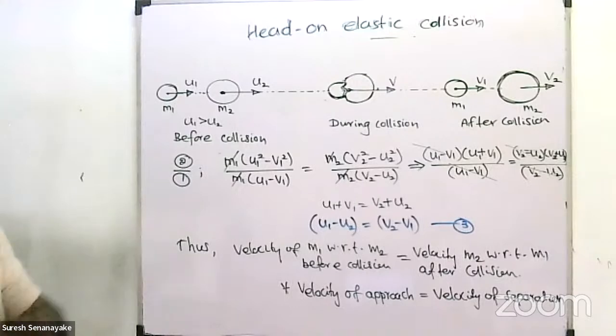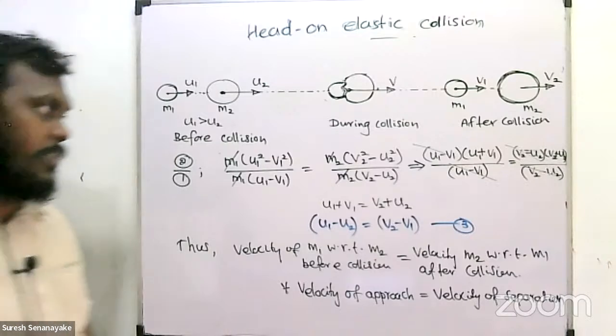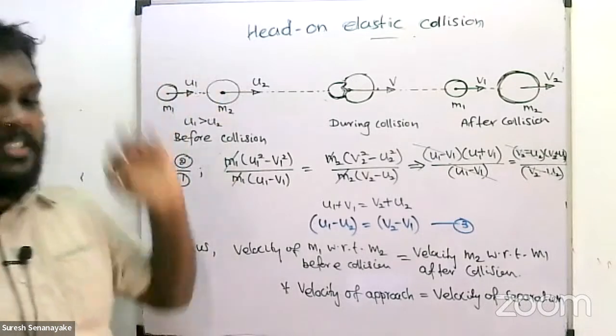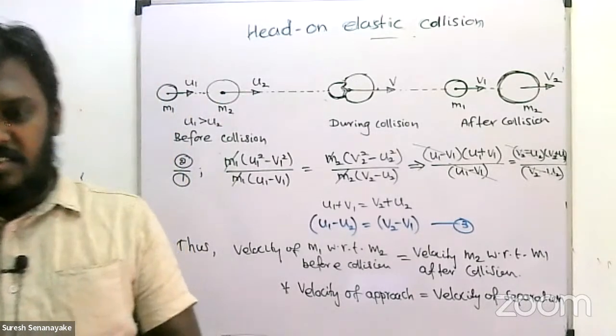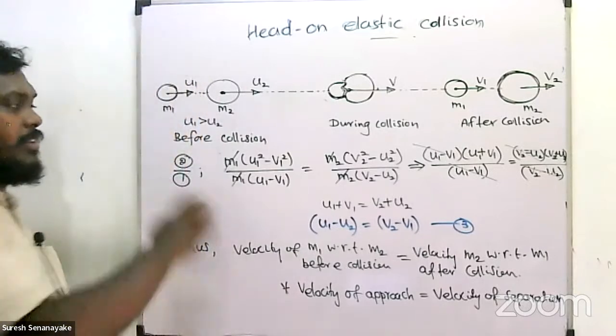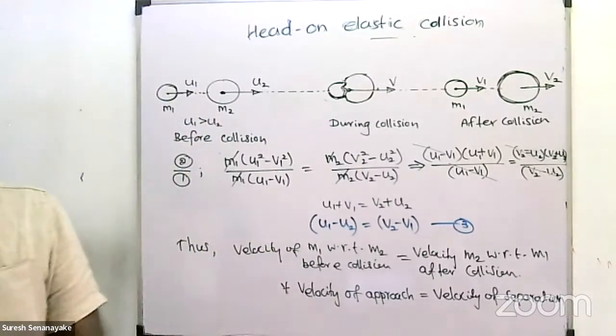Okay, now using these three relations, actually the third equation and the first equation, we can find the velocities after the collision in terms of the velocities before the collision, right? If you finish the writing, let me know. I will erase all this and then write it.